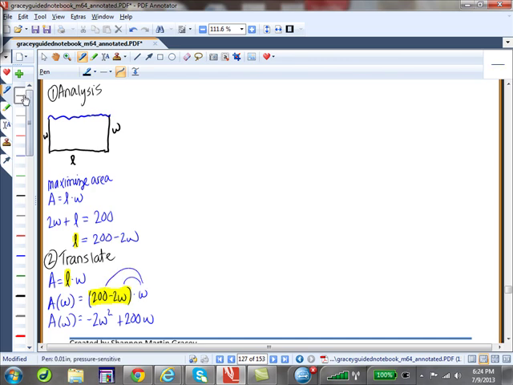All right, so now what do we need to do? We need to find the vertex, and from that we'll find the dimensions.